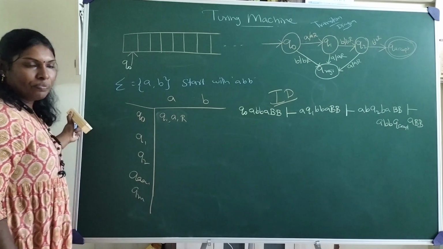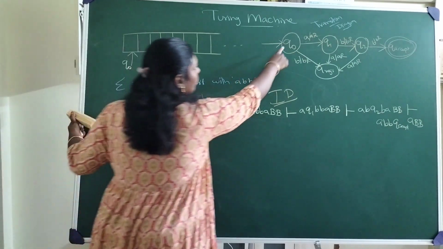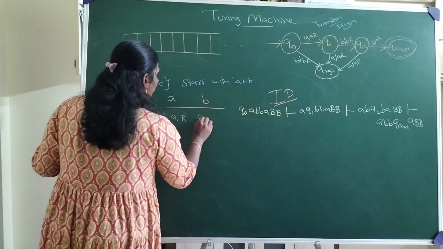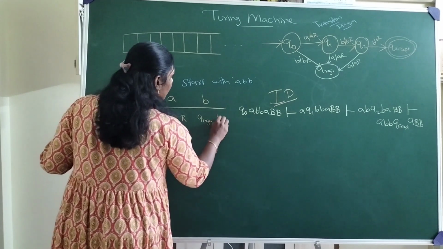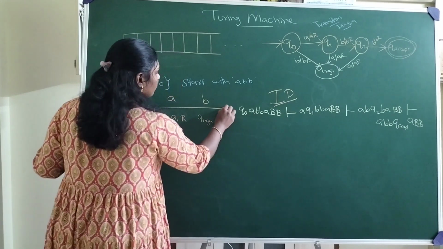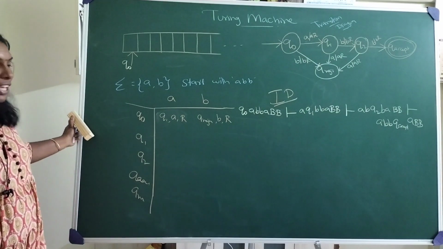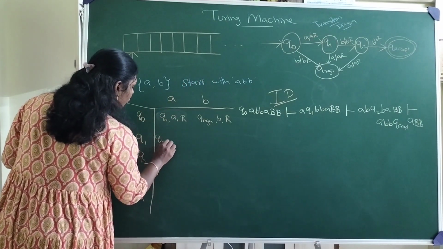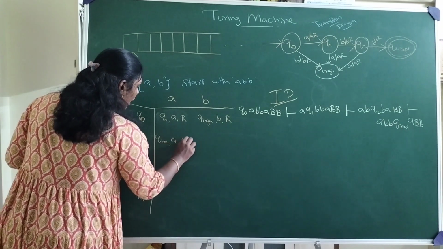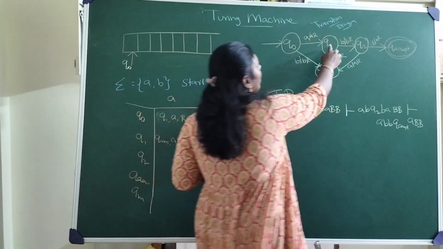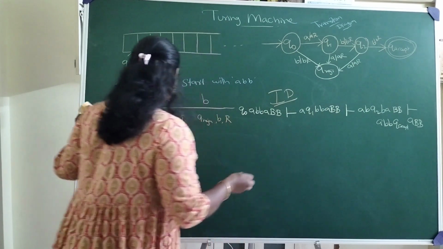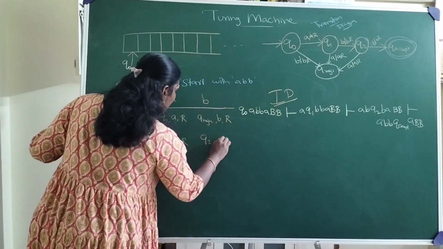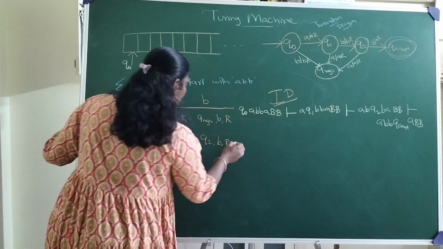A complete description has to be given. Q1 when the input is A is rejected: Q reject, A, move right. Q1 when the input is B goes to Q2, B remains as it is, move right.